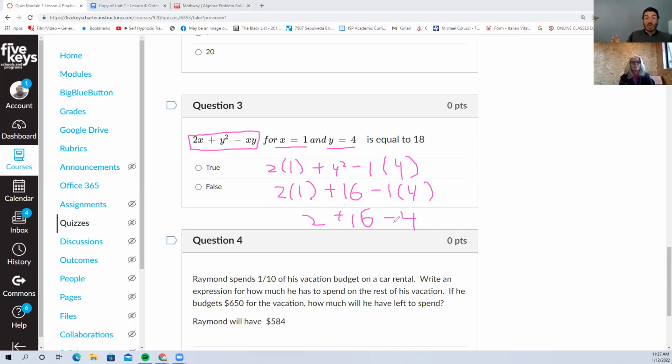So I'm going to work left to right. 2 plus 16 is 18. Minus 4, 18 minus 4 is 14. So this is false.